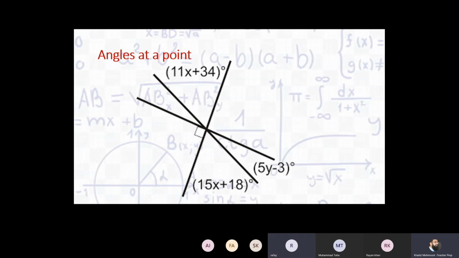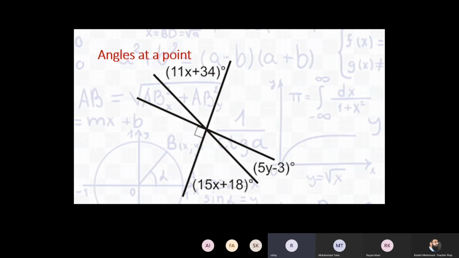First of all, you have one line and another line which is making 90 degrees, and the other side is there, which is making a right angle, a straight line.